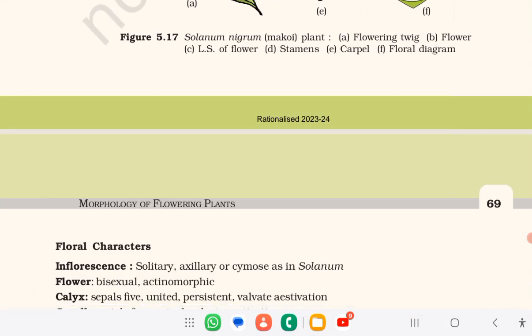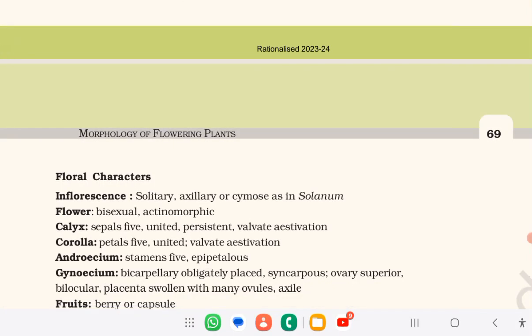Floral characters. Inflorescence is solitary, axillary, or cymose as in Solanum. Flowers bisexual, actinomorphic. Calyx: sepals 5, united, persistent, valvate aestivation. Corolla: petals 5, united, valvate aestivation.